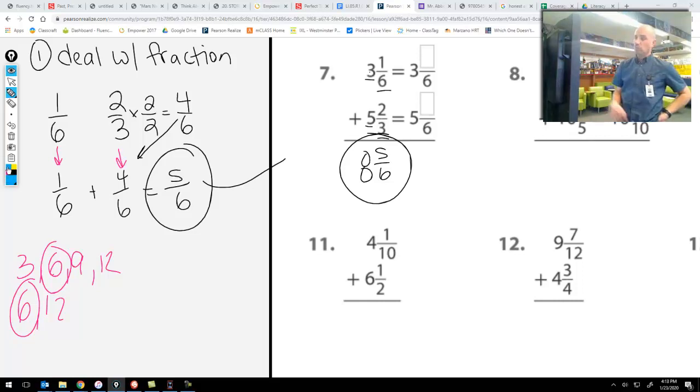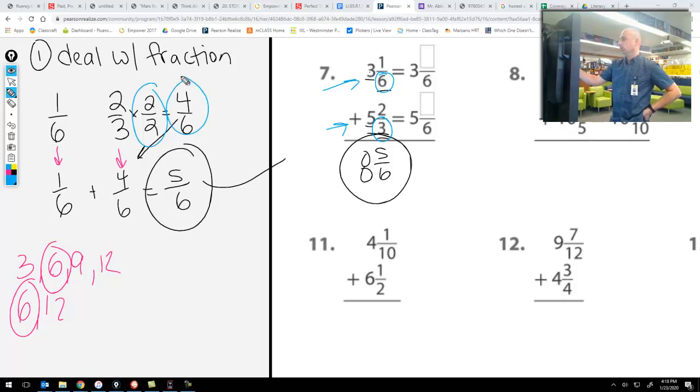Let me review real quick what I just did. I took a look at my initial problem here, reviewed in blue, and I realized that looking at my denominators, I had to change one of them to make them equal so that they had common denominators. So I changed my 3 to make it into a 6. I did that by multiplying it by 2 over 2 to get 4/6.